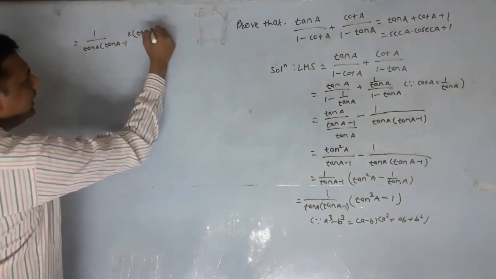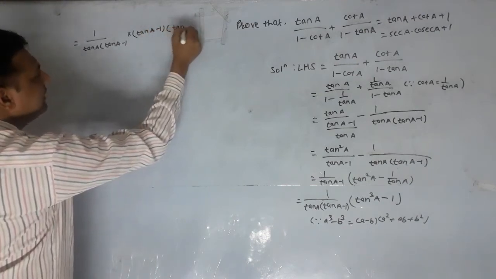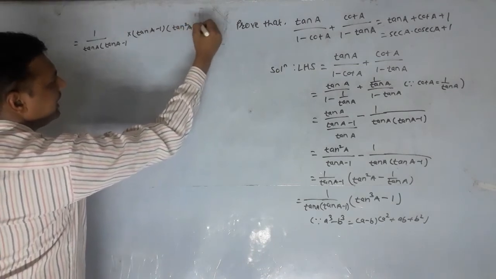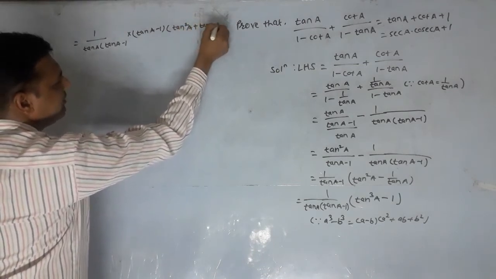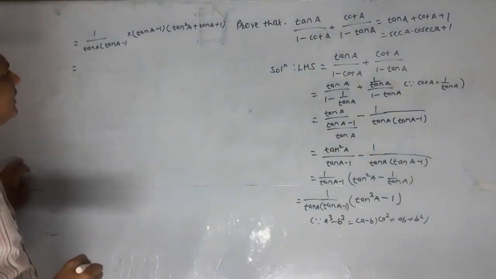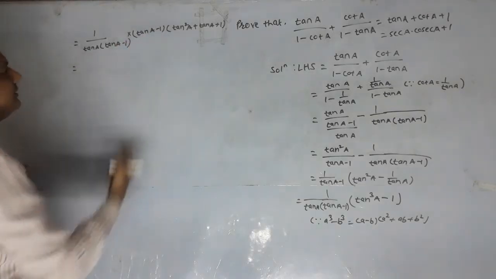tan a minus 1 into a square, means tan square a, plus ab means tan a, plus b square. This is equal to tan a minus 1, and the tan a minus 1 get cancelled.